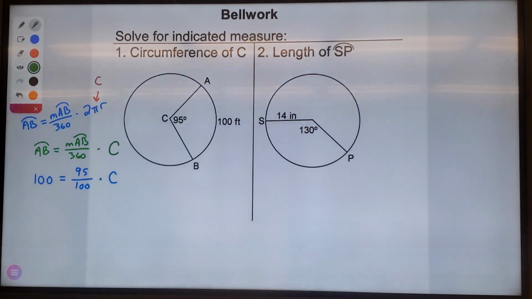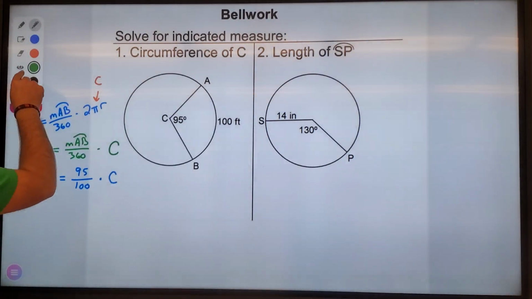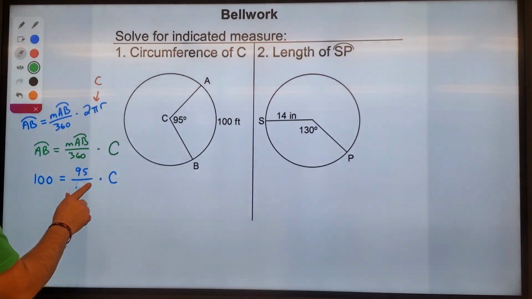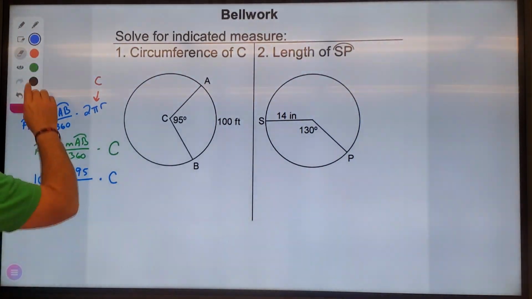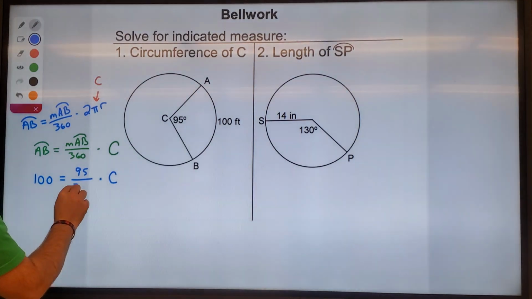Okay, again, you have two options here. I can multiply both sides by the reciprocal, or I can go ahead and just reduce.